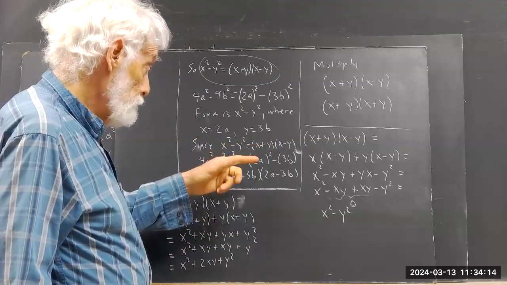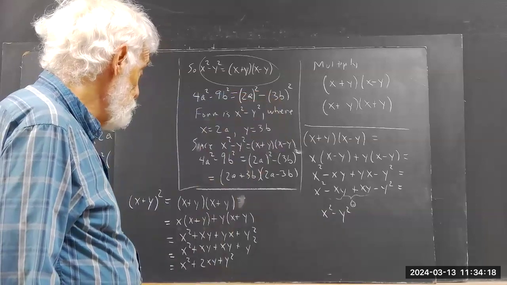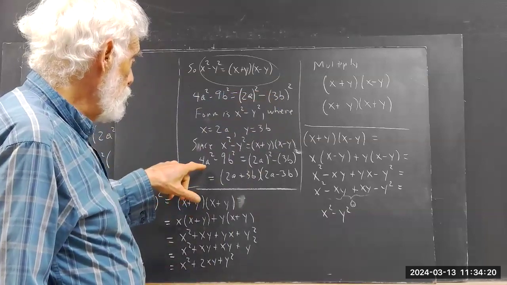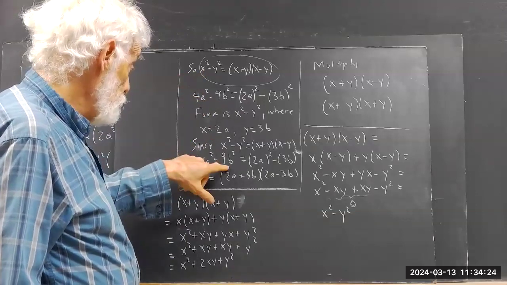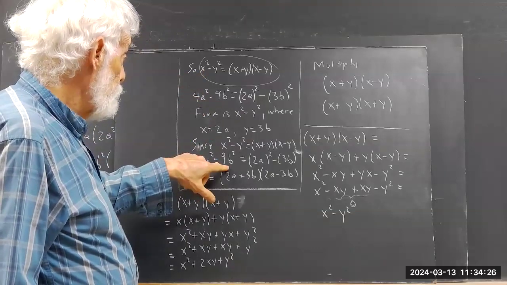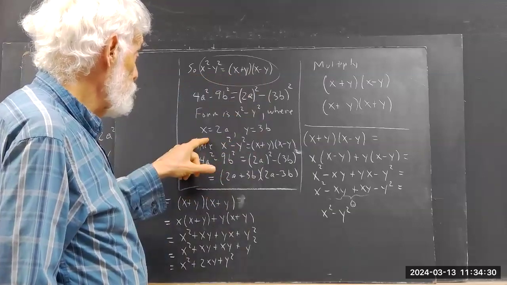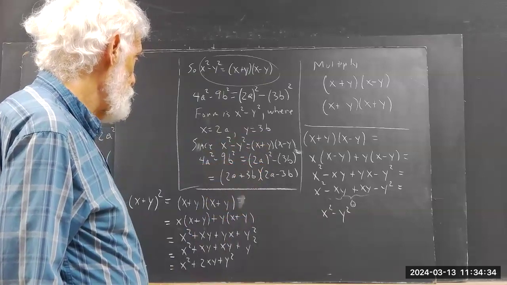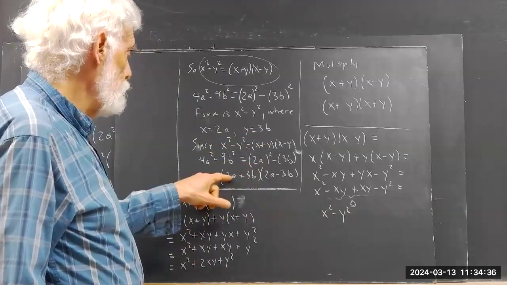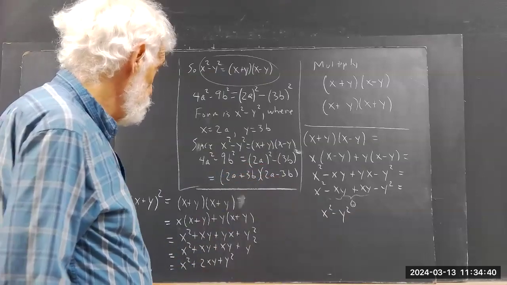Since x squared minus y squared equals x plus y times x minus y, we have 4a squared minus 9b squared equals x plus y times x minus y. X is 2a, y is 3b. That's going to be 2a plus 3b times 2a minus 3b.